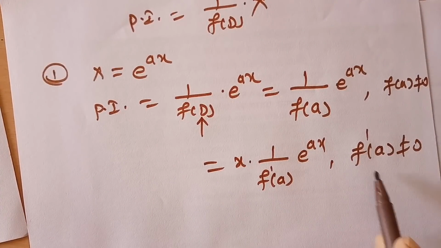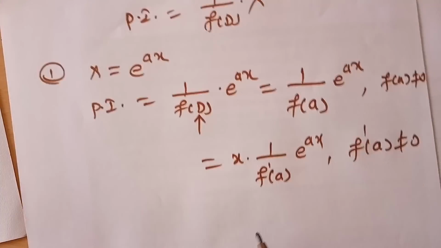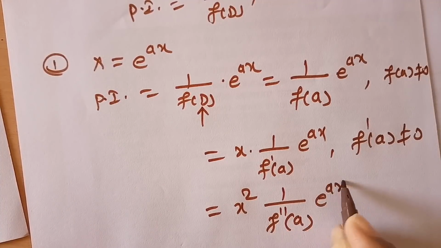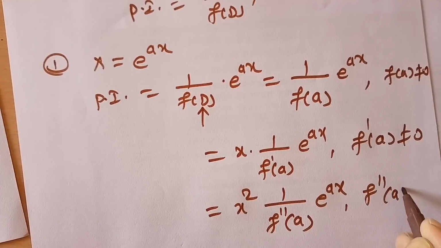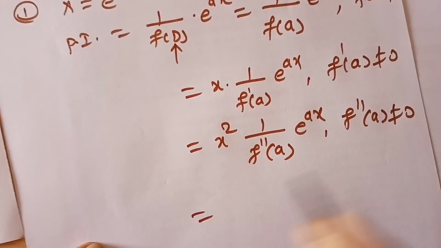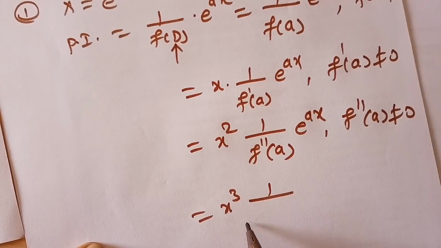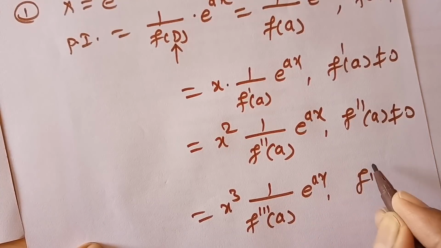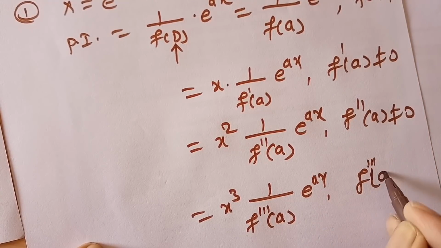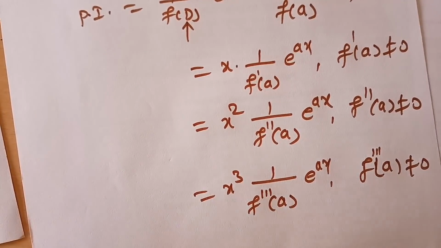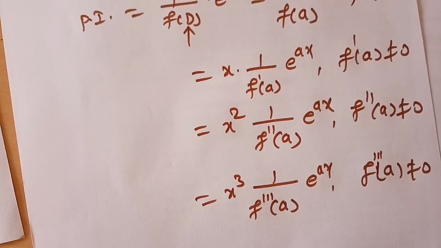Again, if this is equal to 0, then we continue successively: 1 upon f double dash, the double derivative, e raised to x, where f double dash of a is not equal to 0. In this way we can continue. Again, if this is equal to 0, then we write 1 upon f triple dash, its third derivative, e raised to x, provided that it is not equal to 0. We can successively continue this to write our result. This is very easy.